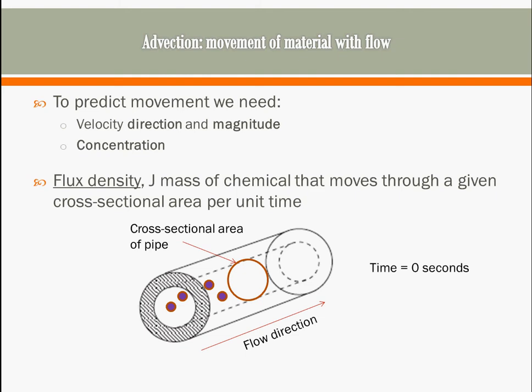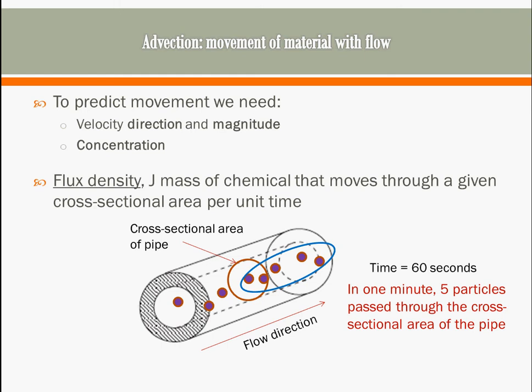And here at time 0, so we're going to start our watch and time pollutants moving through this cross-sectional area over a minute, 60 seconds. So here we go. We've got 15 seconds, things moving downstream. We've got 2 particles passing through the cross-sectional area at 30 seconds. 45 seconds, we've got a couple more, and then by 60 seconds, which is when we're stopping our watch, we had these 5 particles pass through the cross-sectional area of the pipe.